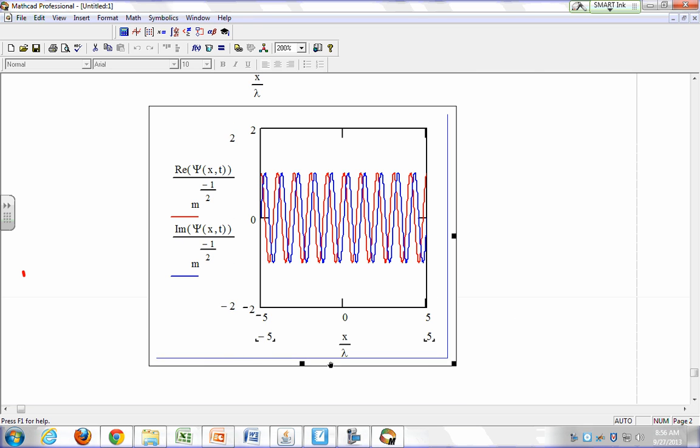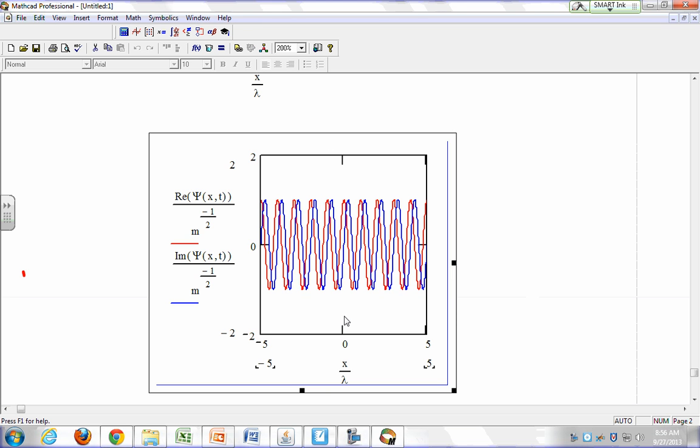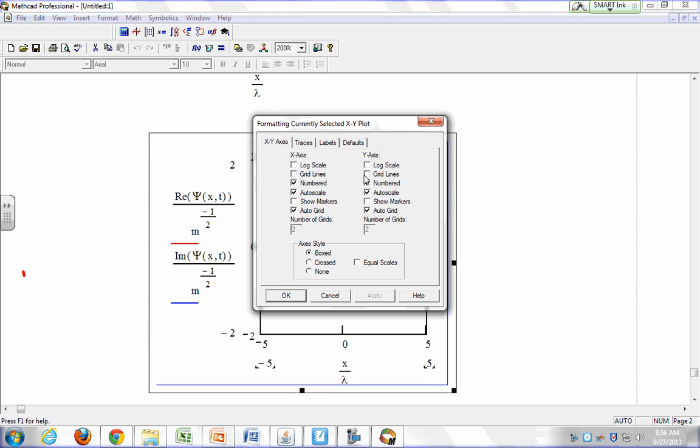So let's animate this. Let's see what happens to this over time. Let me show a grid on this one. Grid lines. And I'm going to do 2 cycles. So I'm going to do, well, let me do, let's see, 10 grids.